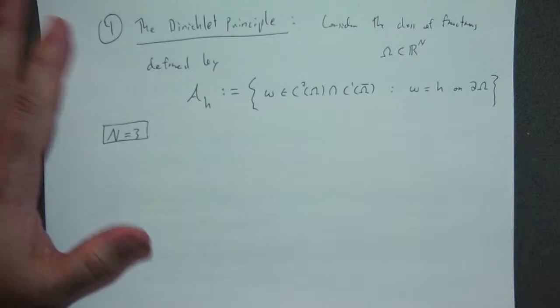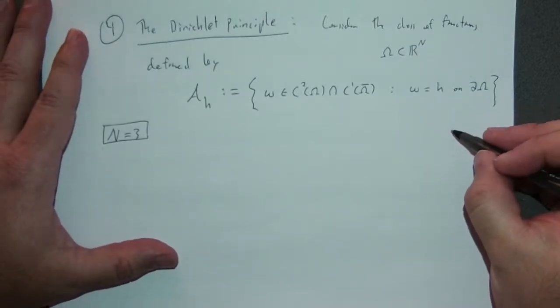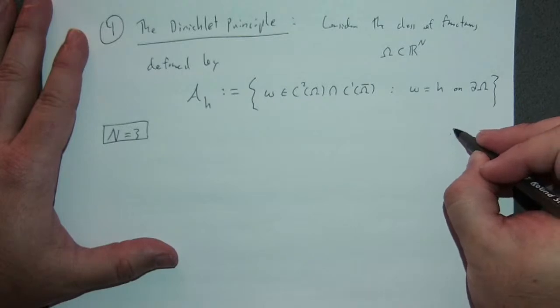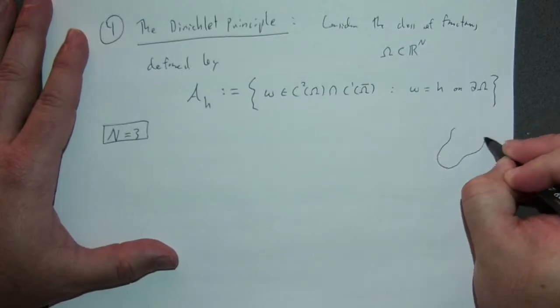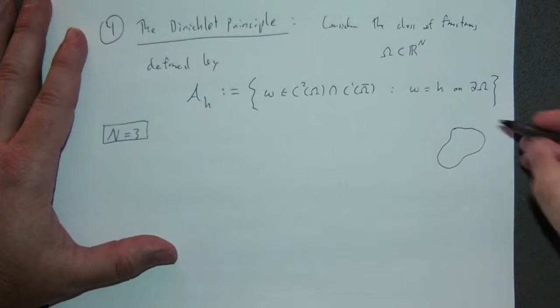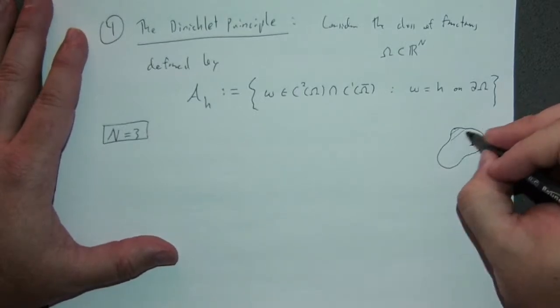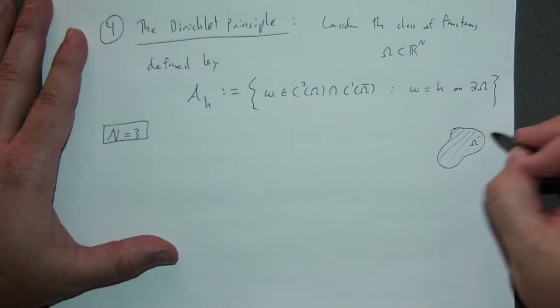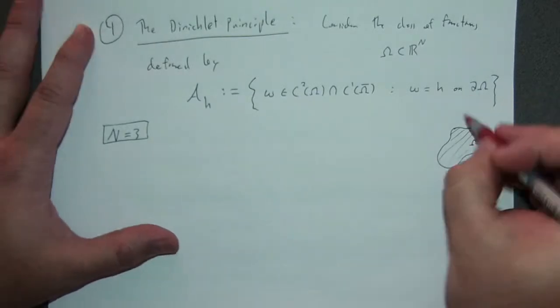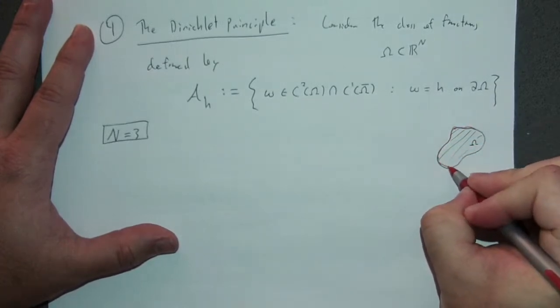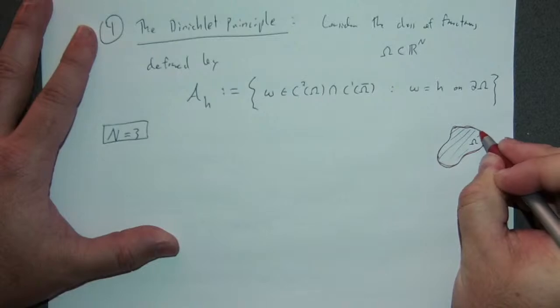What is this saying? If we're in the two-dimensional case, omega is the interior of this region. The boundary of omega is this, the boundary curve.